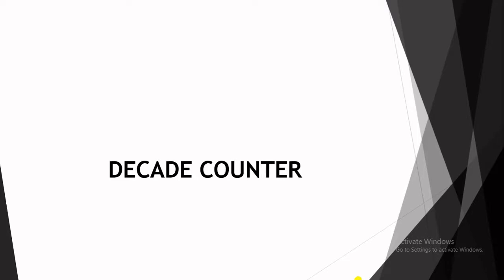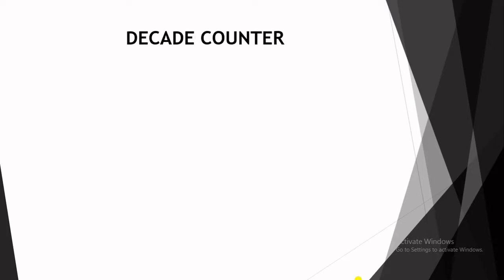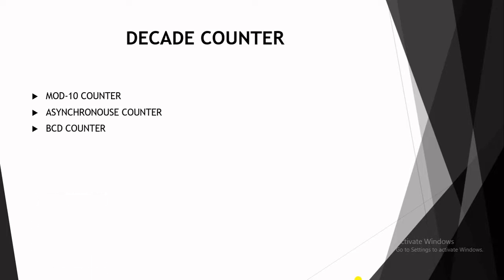So let's see in details. Decade counter. So here decade counter is also called as mod 10 counter, asynchronous counter, BCD counter. And it is also known as divide by 10, because it counts from 0000 to 1001, means 0 to 9.